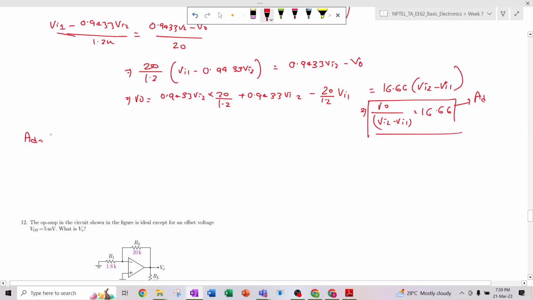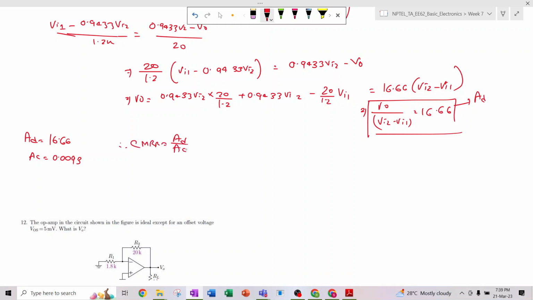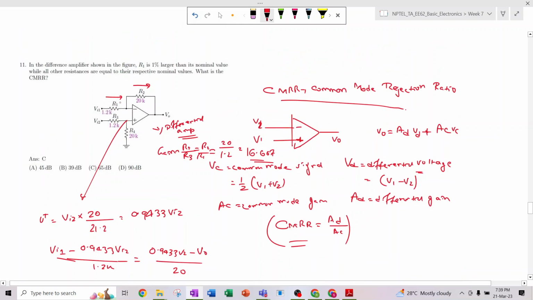So here AD is 16.66 and AC is 0.0093. In this case the CMRR will be AD divided by AC, so 16.66 divided by 0.0093. Now in the question the answer is given in dB.